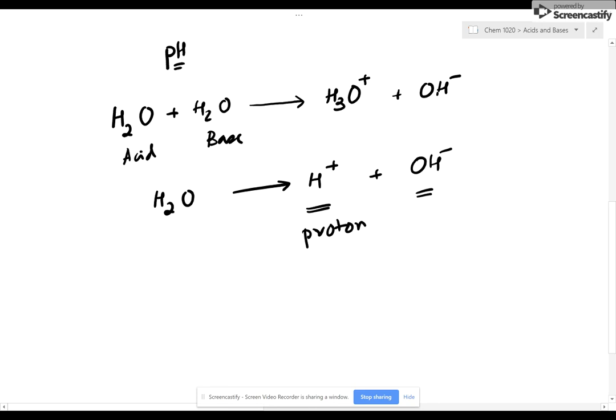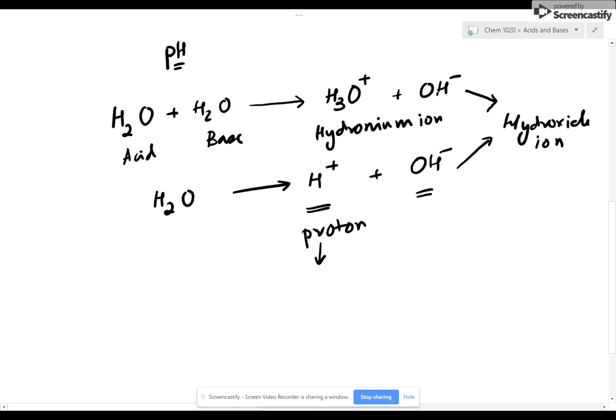And if you want to write it in the presence of water, then there's your hydronium ion, okay? Then on the other hand you have this species out here, which is the same in both cases, and that's your hydroxide ion.